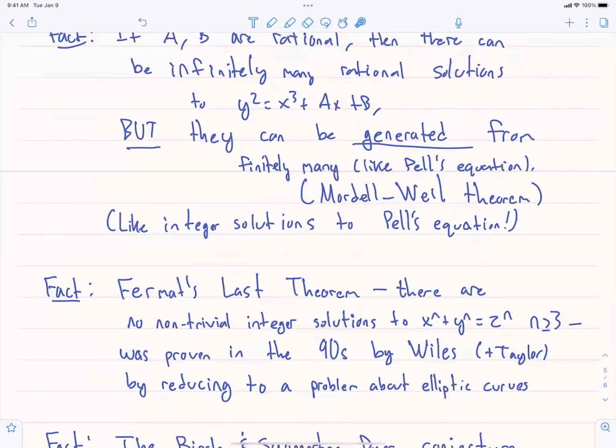They did some rewriting to change this into a problem about elliptic curves and then solved that problem. So elliptic curves show up in extremely modern research in number theory that solves ancient questions, which is a sign of a central and beautiful idea.